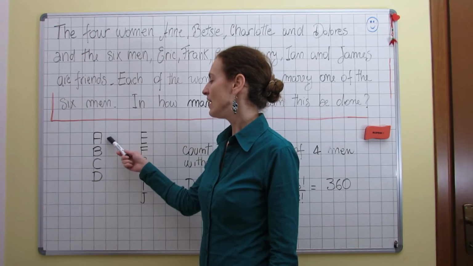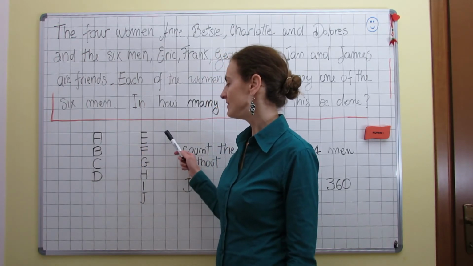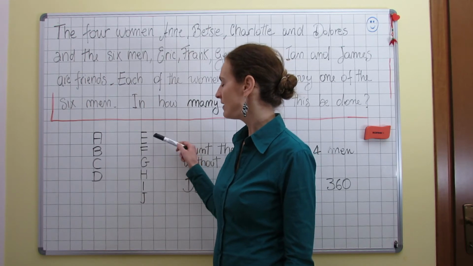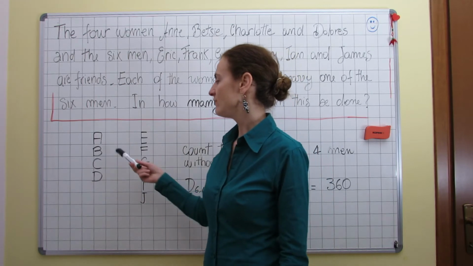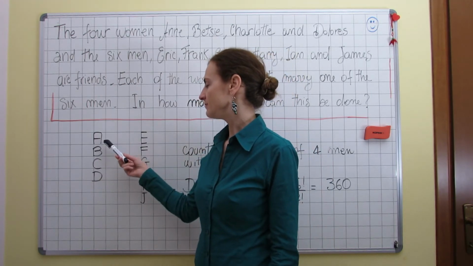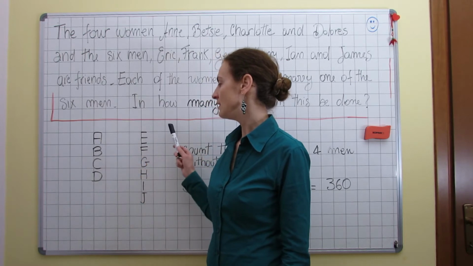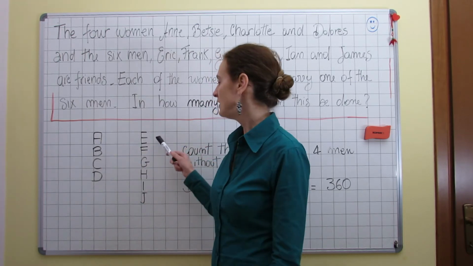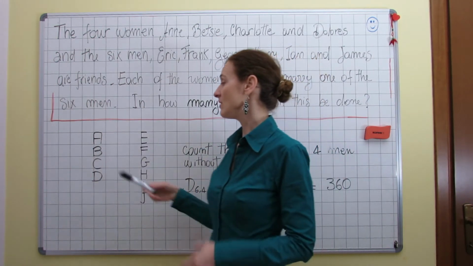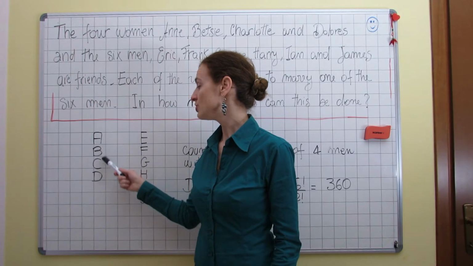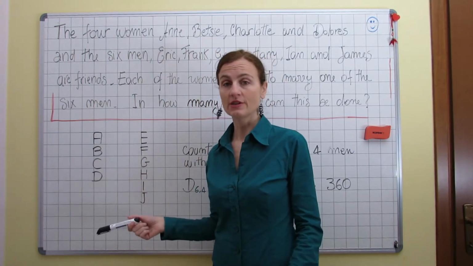You are writing a sequence of 4 letters chosen among these 6 letters. So you are writing all the sequences of 4 elements without repetition in a set of 6. Without repetitions, because every woman will choose a man who has not been chosen yet.